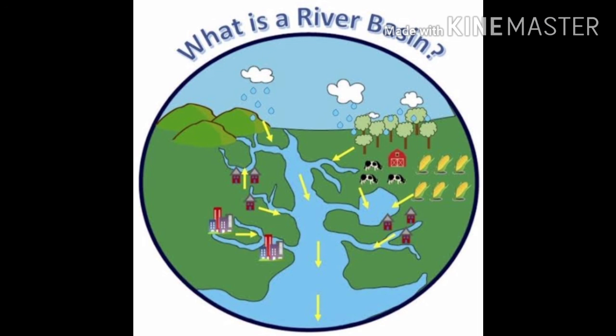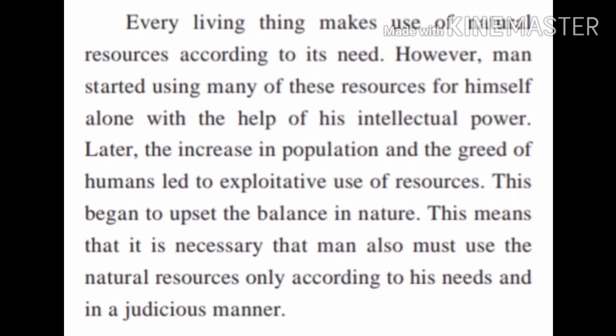Man alone attempts to make changes in the prevailing conditions to suit his needs. Every living thing makes use of natural resources according to its need. However, man started using many of these resources for himself alone with the help of his intellectual power.